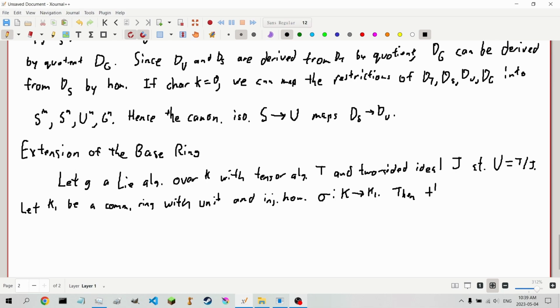Then the tensor algebra of the extension of our Lie algebra G to K1 is canonically identified with taking the extension of the tensor algebra.